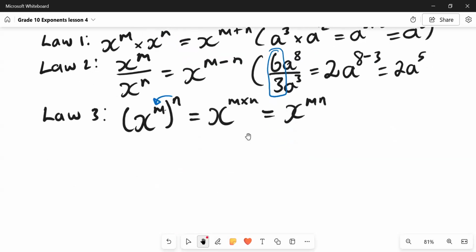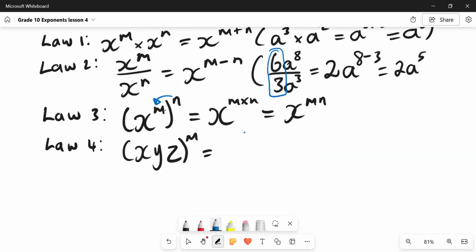And then we continue. We move to law number 4. For law number 4, it's about x, y, and z raised to the power of m. Basically, as I've explained, this is about exponents. You distribute that exponent m. So before we even continue, we have to assume that there's exponent 1, exponent 1, exponent 1 there.